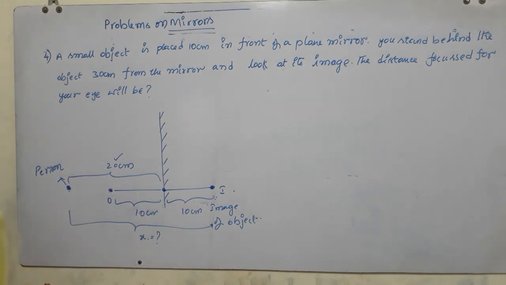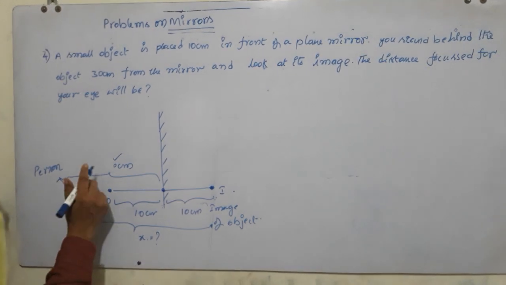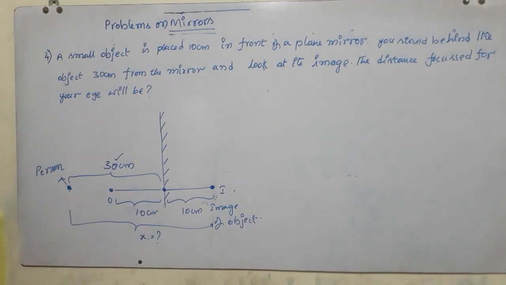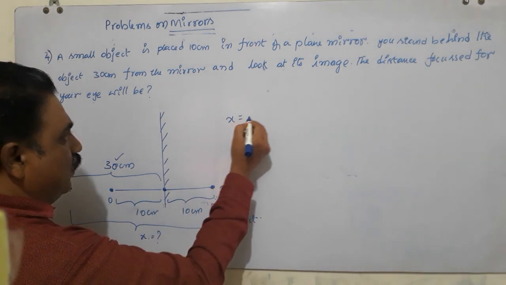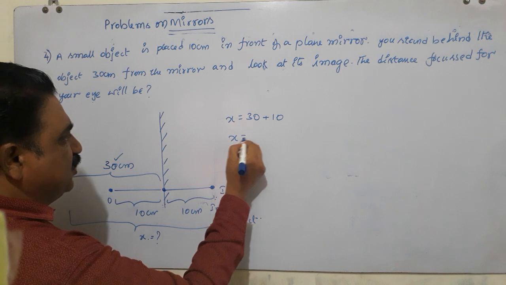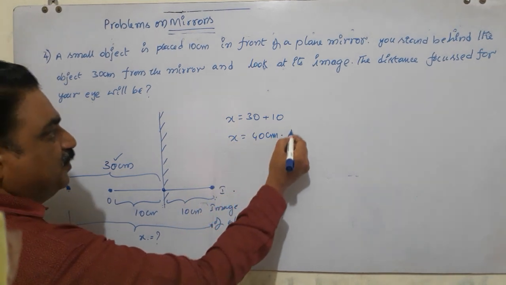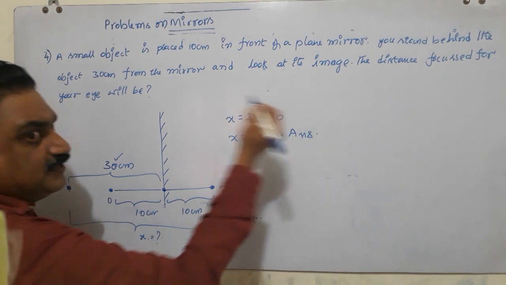So what is the total distance of the person? See here, this is 30 centimeters as you are given, sorry. So what is the total distance? That x is equal to 30 plus 10, x is equal to 40 centimeters, and this is the answer for this question.